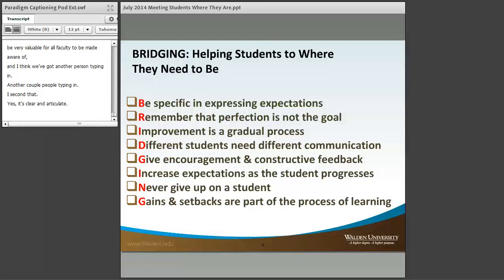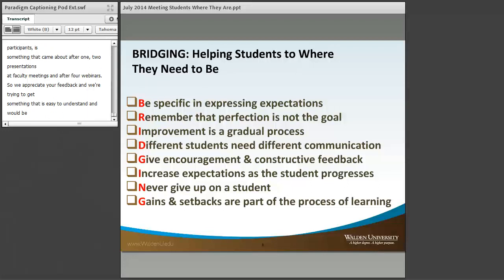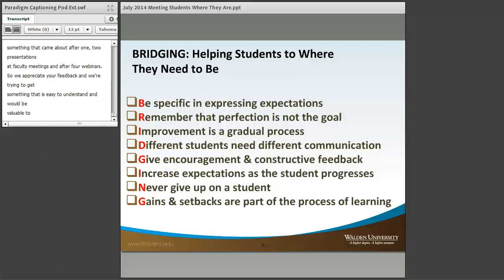And this, I want to tell the participants, is something that came about after 1-2 presentations at faculty meetings and after 4 webinars. So, we appreciate your feedback, and we're trying to get something that is easy to understand and would be valuable for faculty. That's why I asked that.